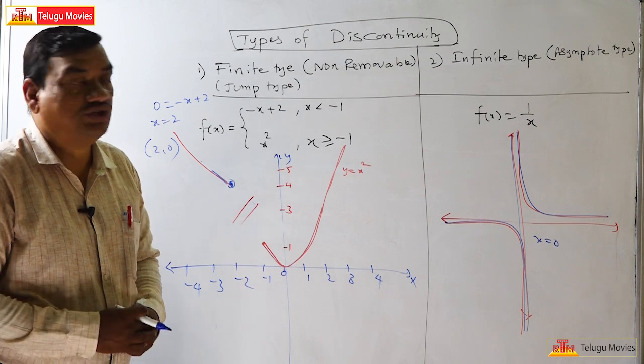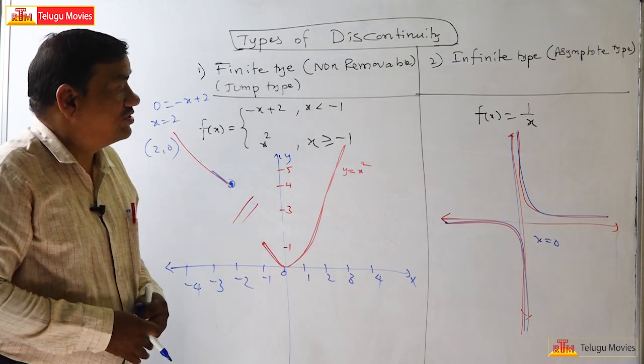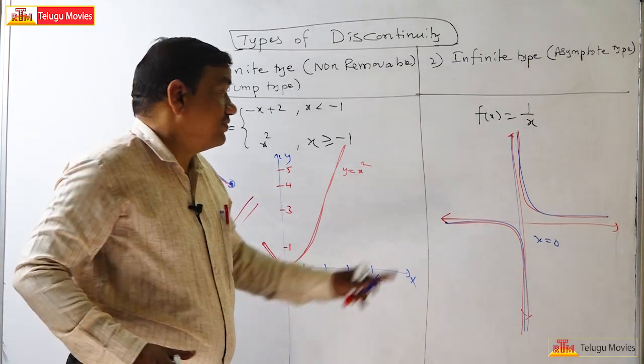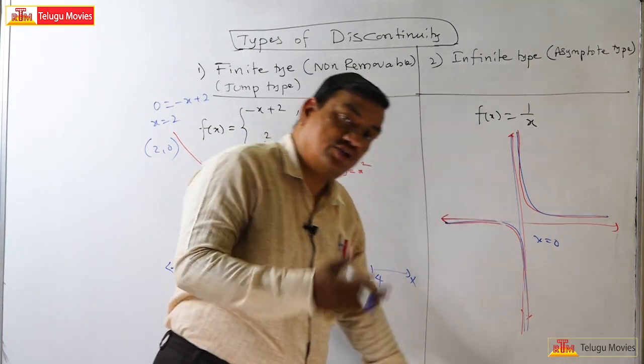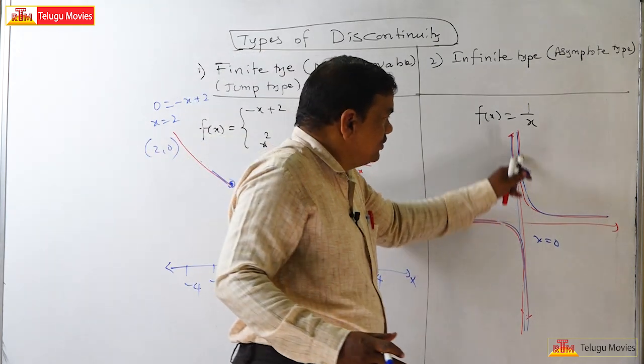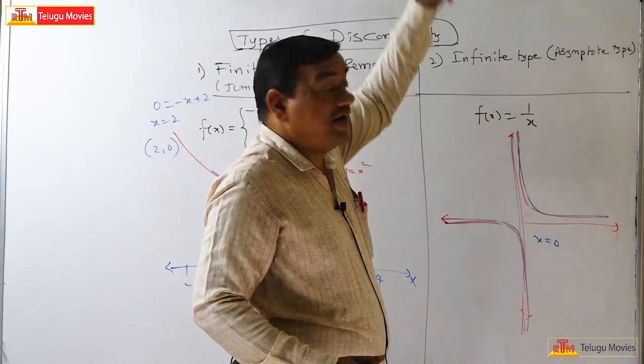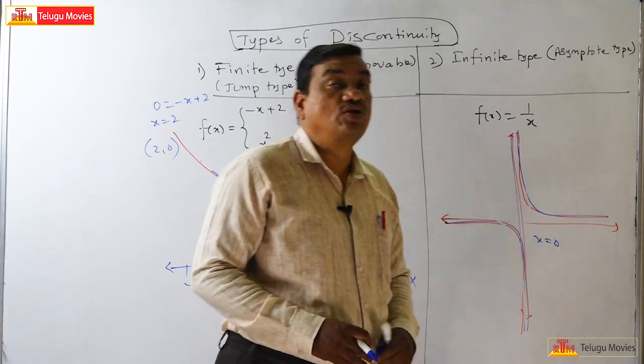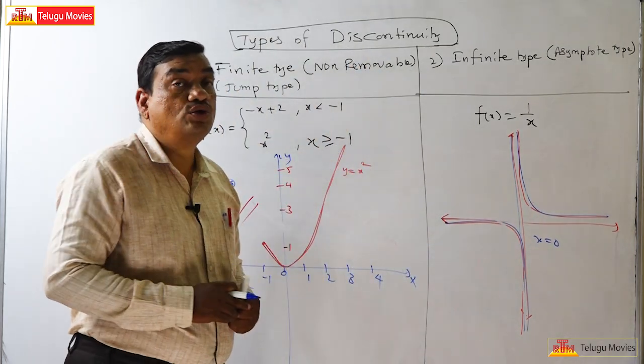By any means you cannot connect those two curves. One goes to infinity in the upward direction, and the other goes downward. So it is not at all possible to connect those two curves.